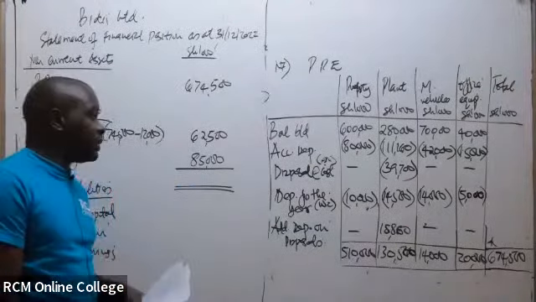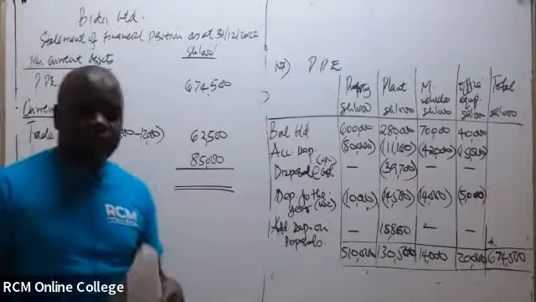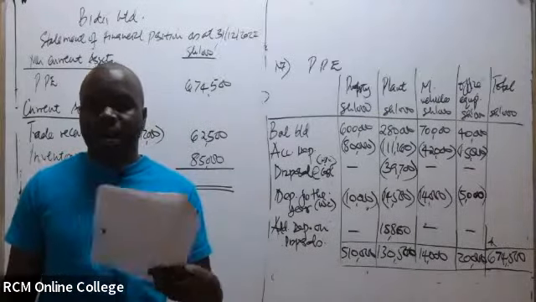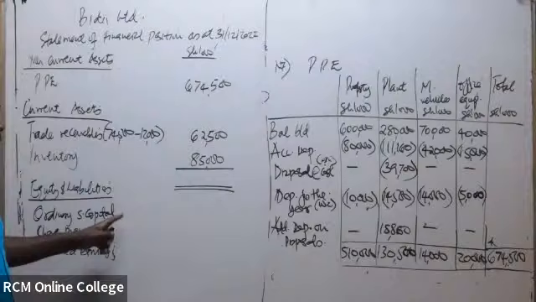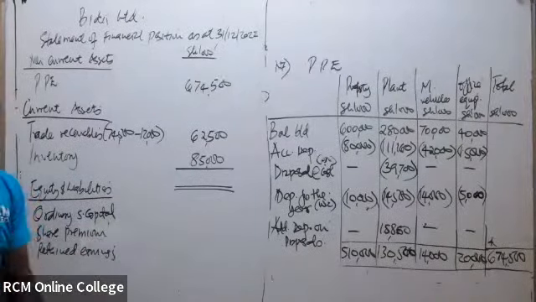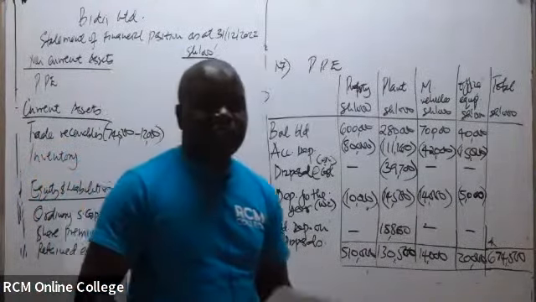So take note, if the examiner hasn't told you to prepare a statement of changes in equity, you have no option but to prepare it as part of your workings, because you need to place here the balances of these equity elements by the end of the year. And maybe during the year they might have changed.